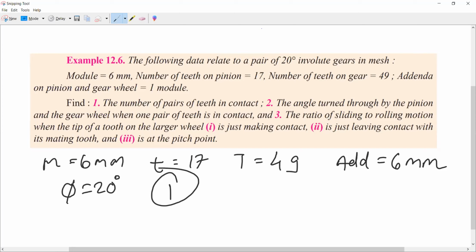I'll give you a hint. We have discussed that if you get the answer 1.1, you will get 2. If you get the answer 2.1, you will get 3. If you get the answer 2.4, you will get 3. That contact ratio. Name of that thing is what? Contact ratio. Please remember contact ratio. Got it now. We have to find the contact ratio.